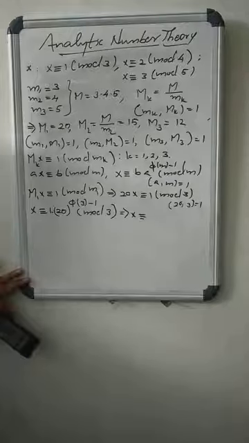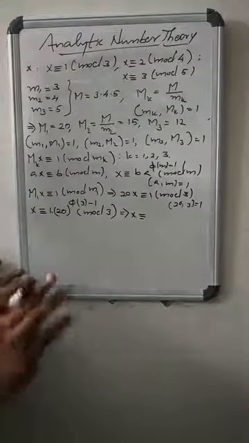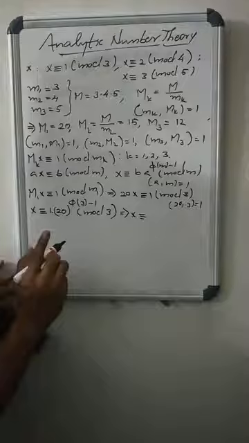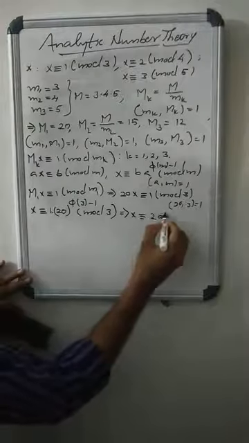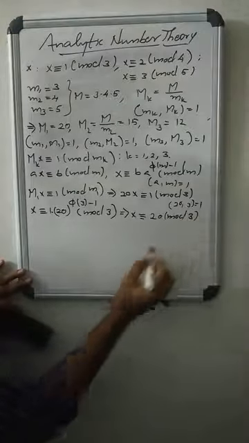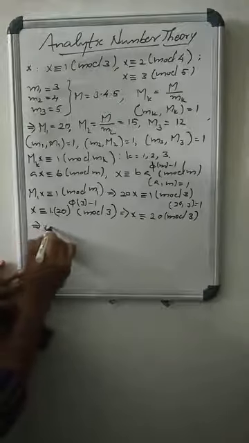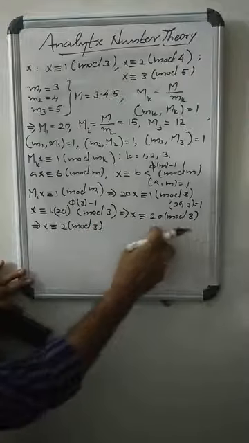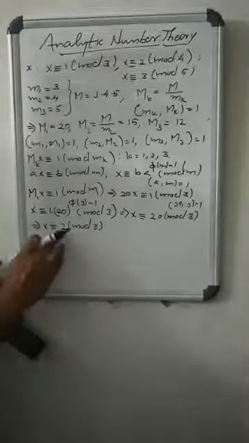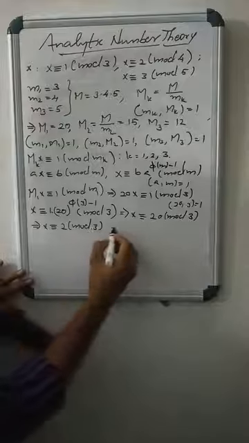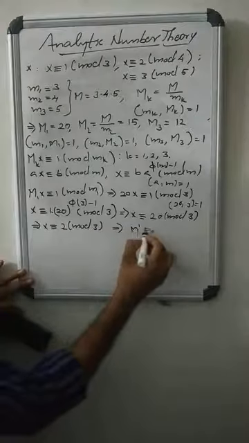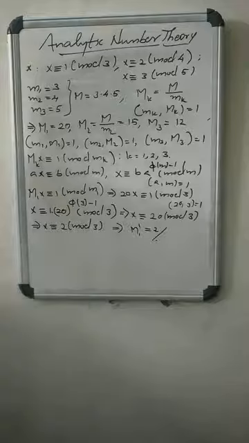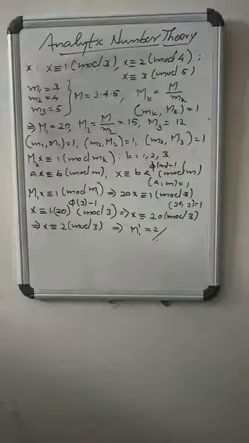What is φ(3)? The numbers less than 3 that are relatively prime to 3 are 1 and 2, so φ(3) is 2, and 2 minus 1 is 1. So x ≡ 20 mod 3, which means x ≡ 2 mod 3, since dividing 20 by 3 leaves remainder 2. Hence m_1 dash equals 2.